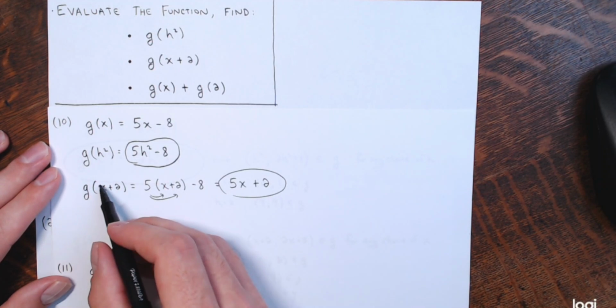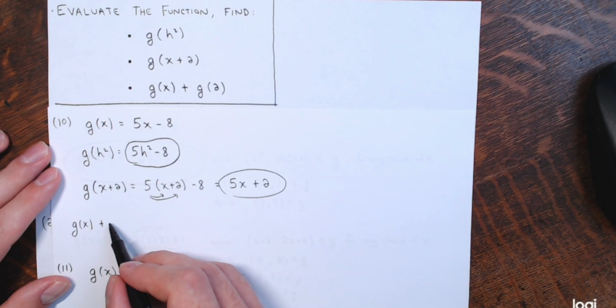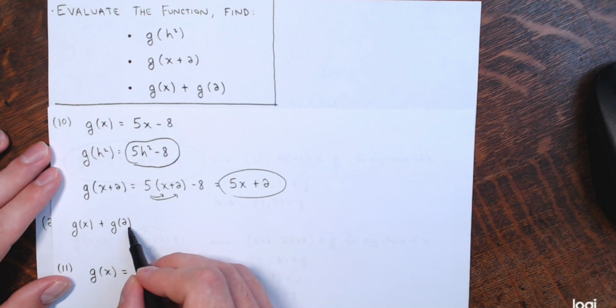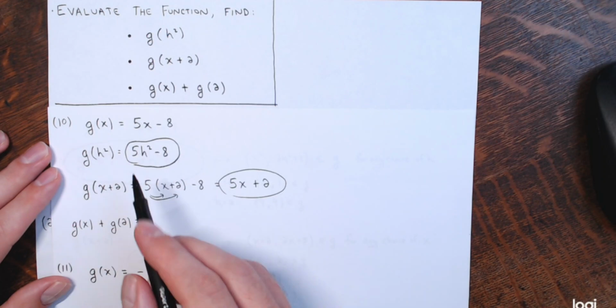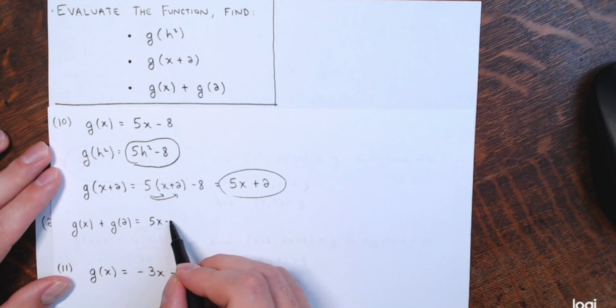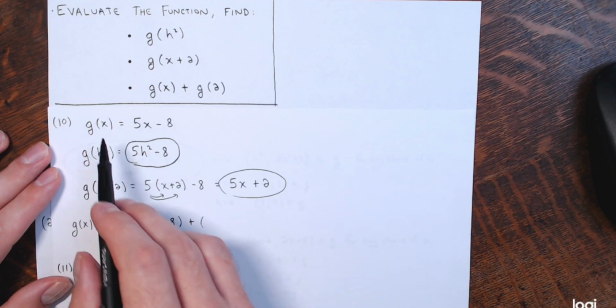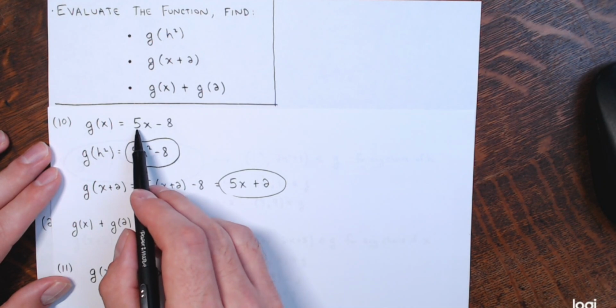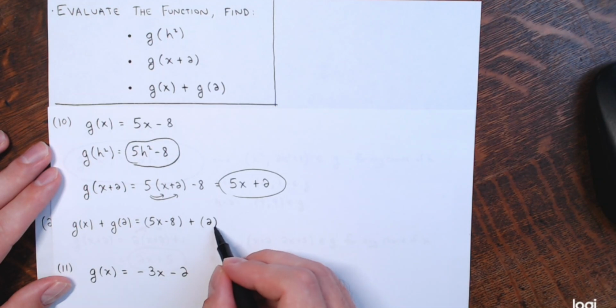But now let's see what happens when we distribute the g here? Do we get the same thing? What's g of x plus g of 2? Well, if I evaluate g at x, I'm just getting what I started with, 5x minus 8. There's g of x, plus, and then the value of g at 2 would be 5 times 2, which is 10, minus 8, which is also 2.